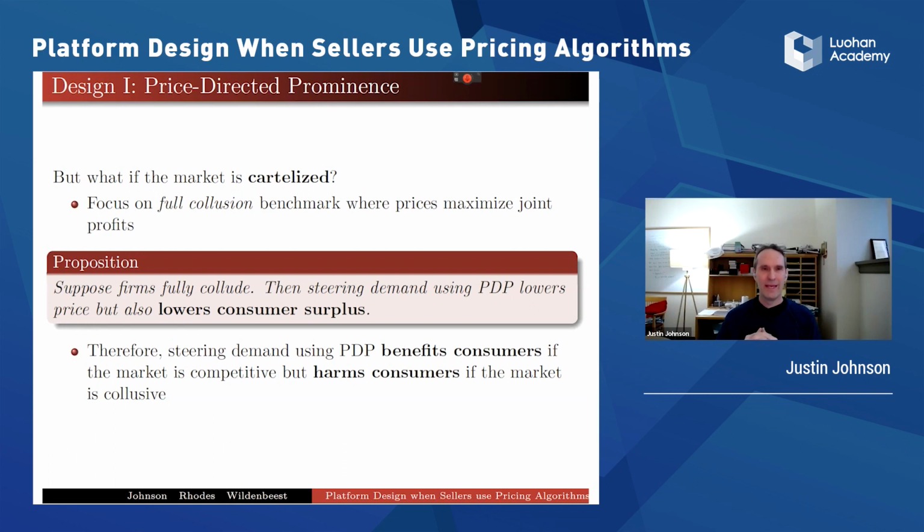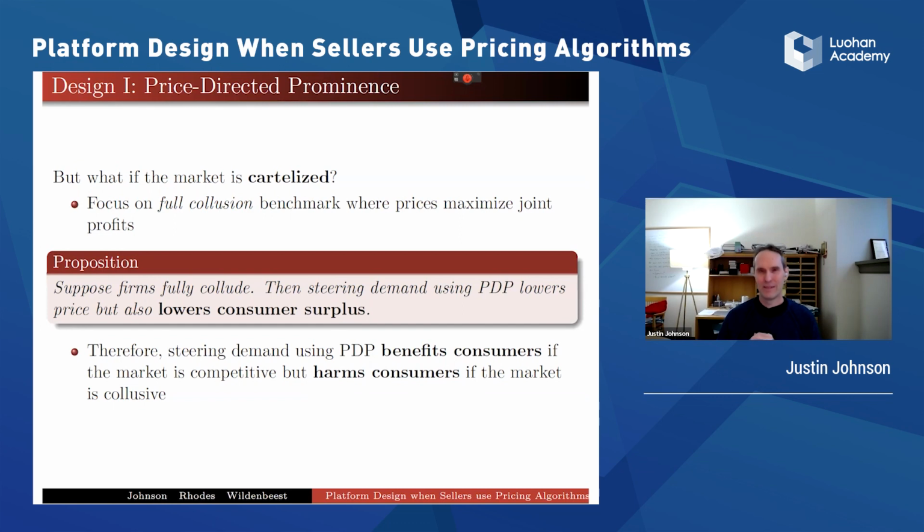In that situation, if you implement PDP, price does still fall, but it doesn't fall enough to benefit consumers. So if you have a cartelized market, PDP is actually bad for consumers, and also bad for the platform. And so now it's a little less clear. Well, geez, is this a good policy? Is it not a good policy?